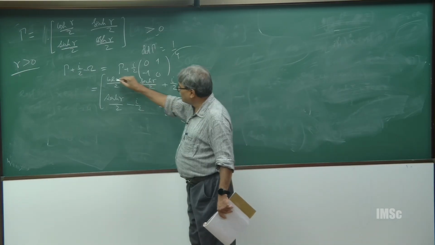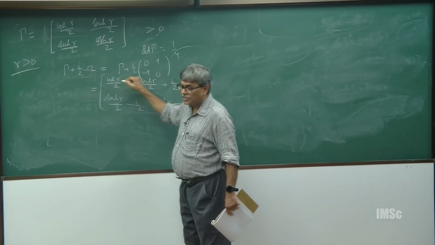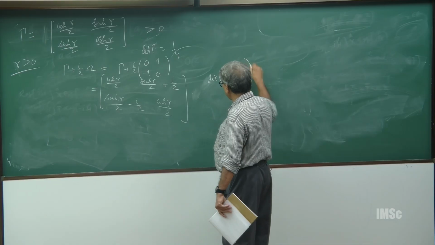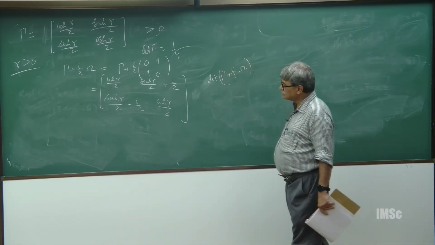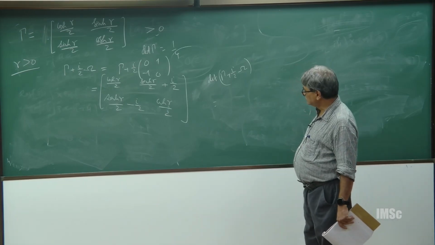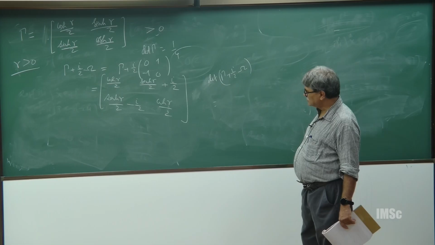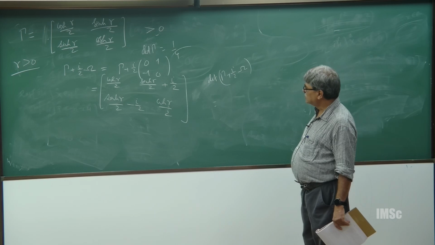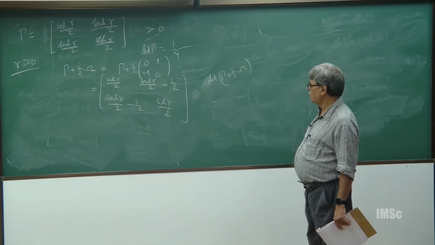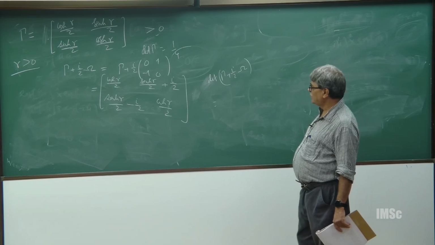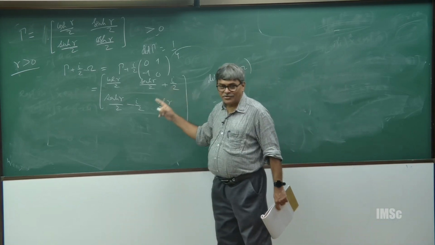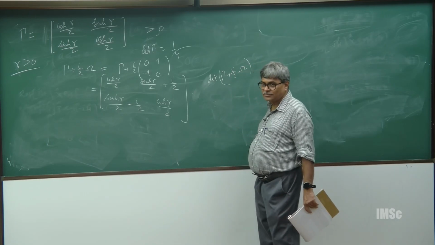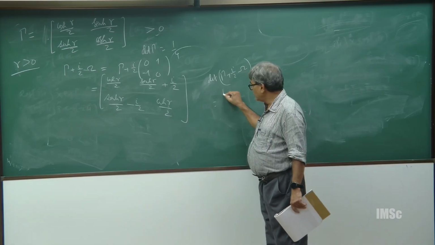Again, these are positive, and the determinant of gamma plus iota by 2 omega will be 1/4 plus 1/4, that is 1/2.